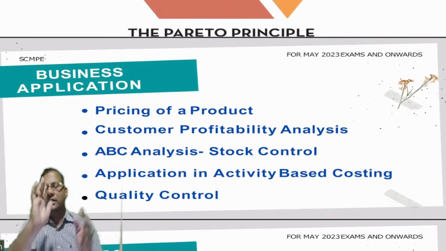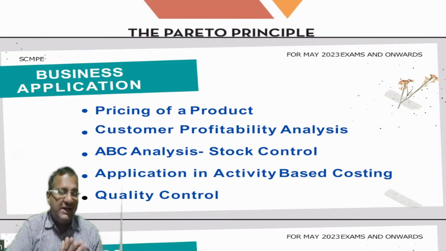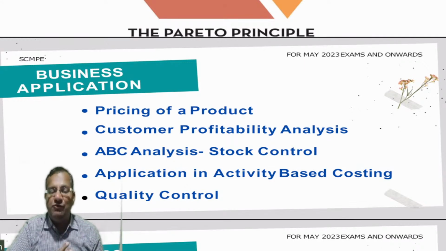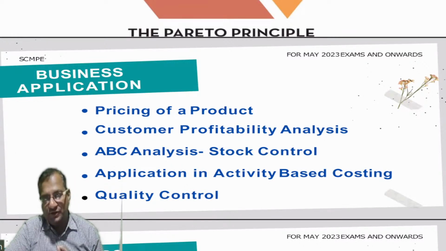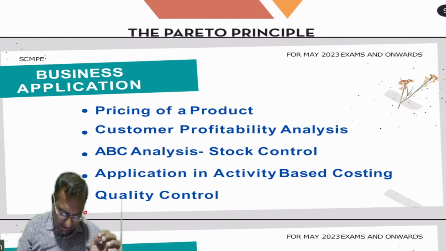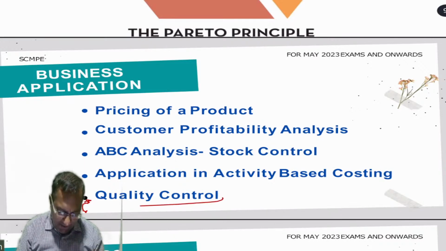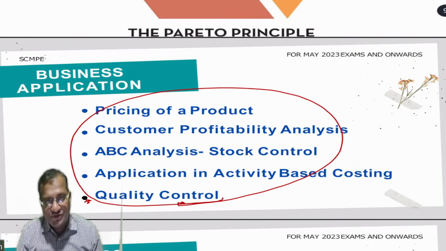Okay, so the concept has been given by Vilfredo Pareto, who is an Italian economist, but the business application has been given by Mr. Joseph M. Juran in the 5 business applications. Very, very important disclaimer, beta. There can be n number of business applications of the 80-20 rule, but as a student, we have minimum 5 and maximum 5 business applications.